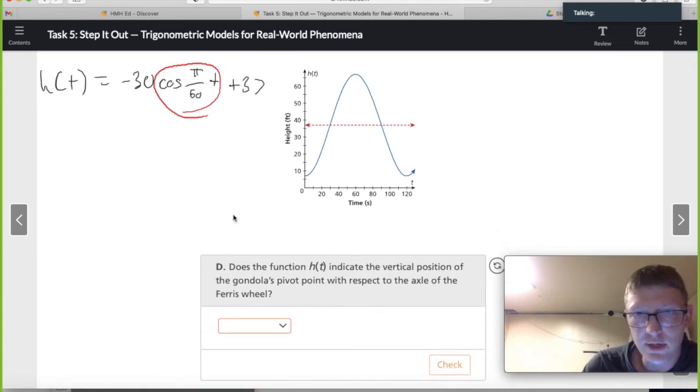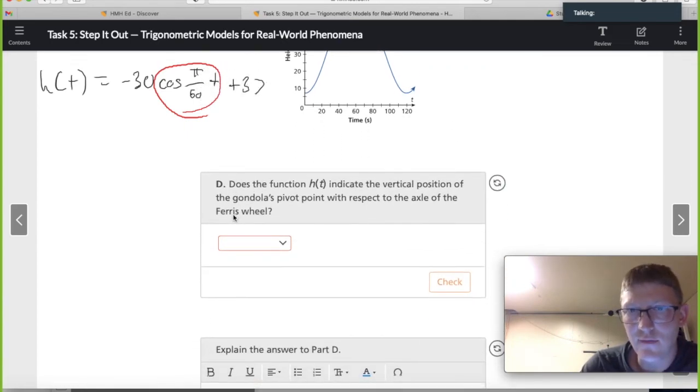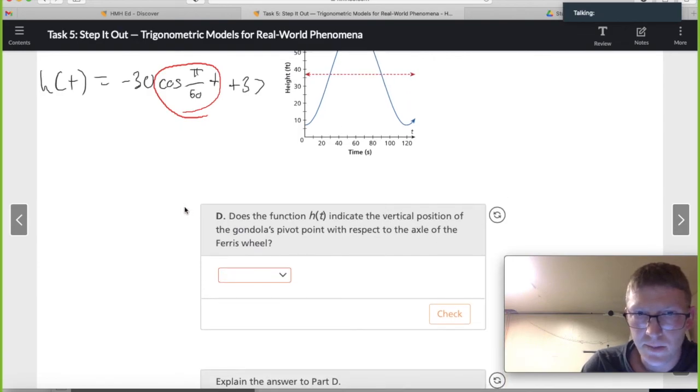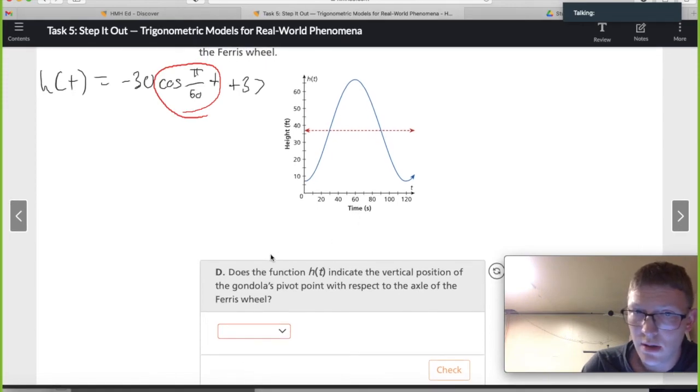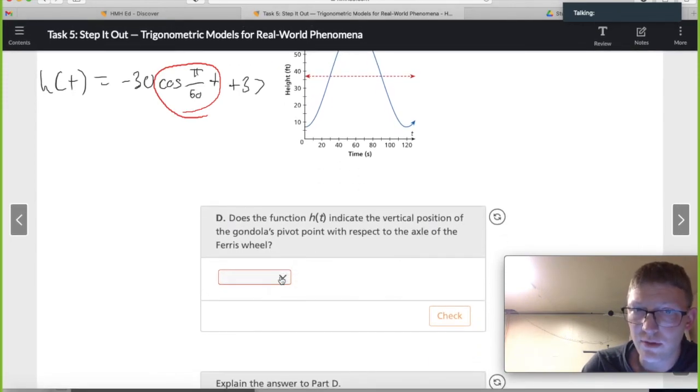So does the function h of t indicate the vertical position of the gondola's pivot point with respect to the axle of the Ferris wheel? We can tell the height and the time. I don't know if it's the vertical position.